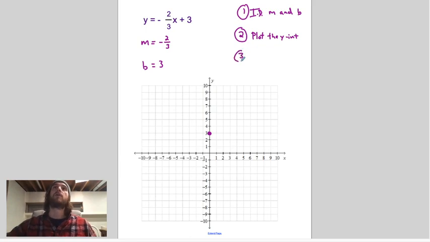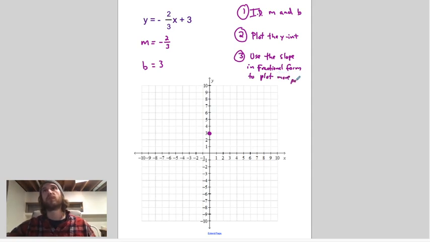Okay, so step 3 is use the slope in fractional form to plot more points. I'll just say more points.